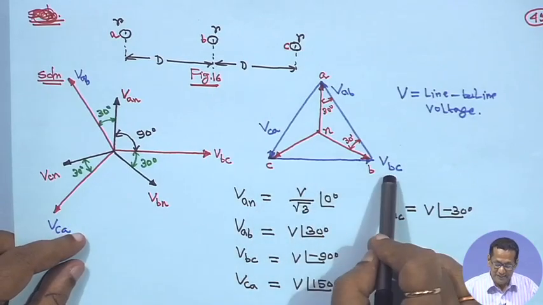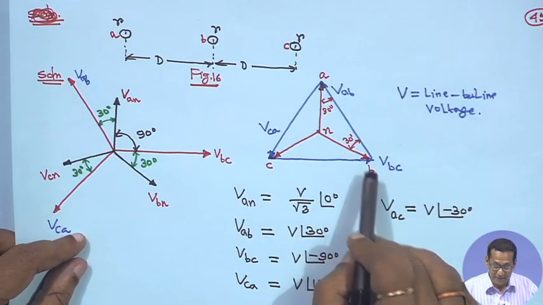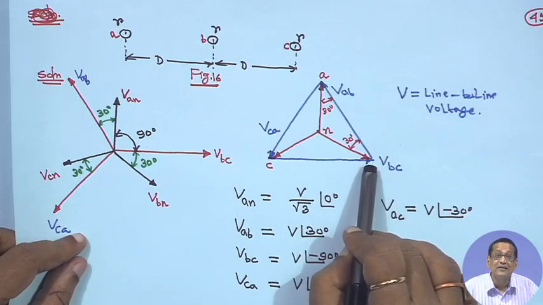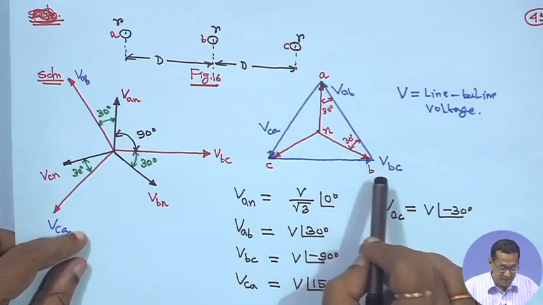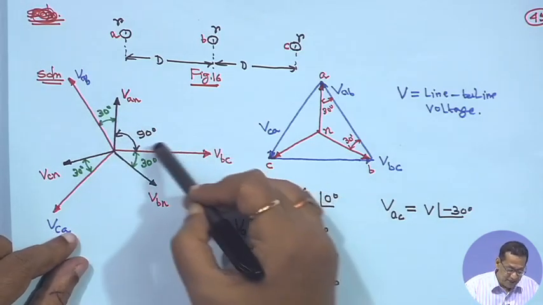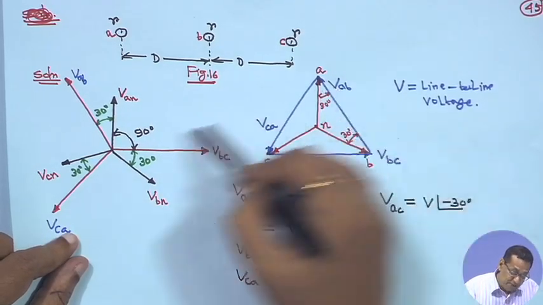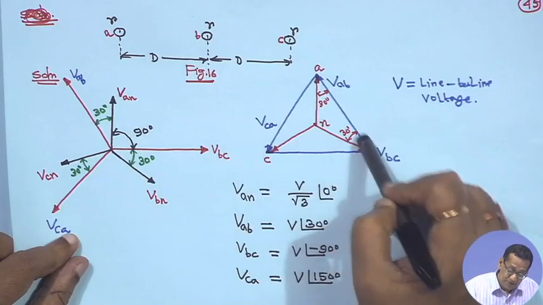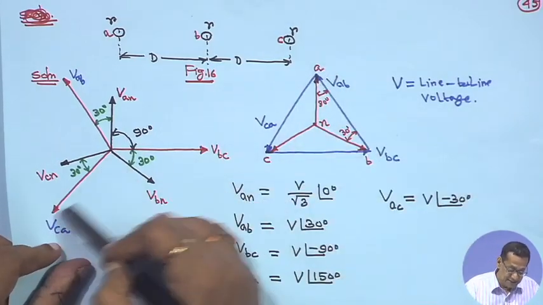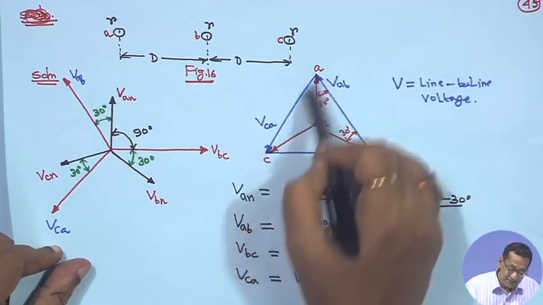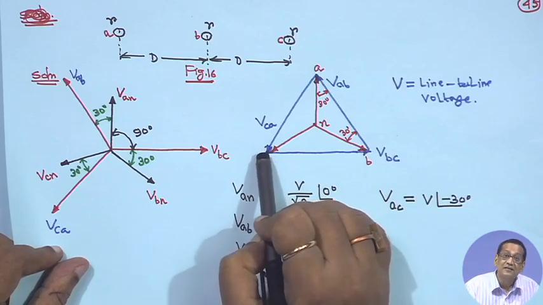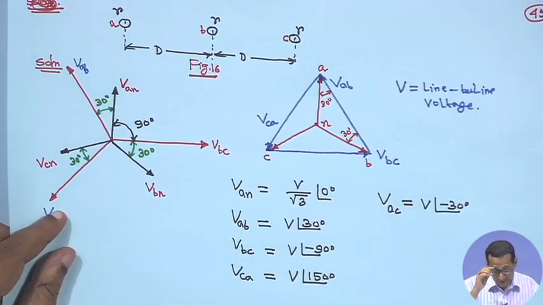This is VBC, where B is the tip, and similarly VAB, where A is the tip, and this is VCA, where C is the tip.